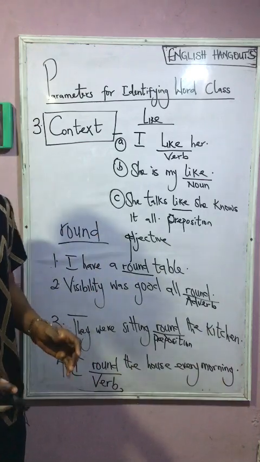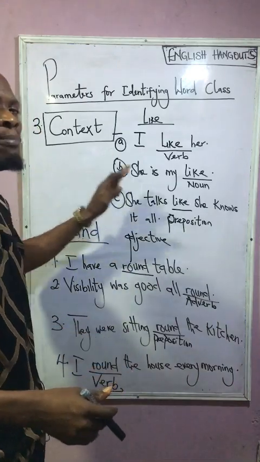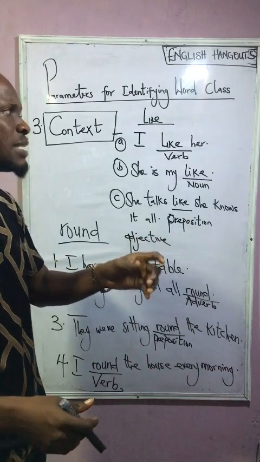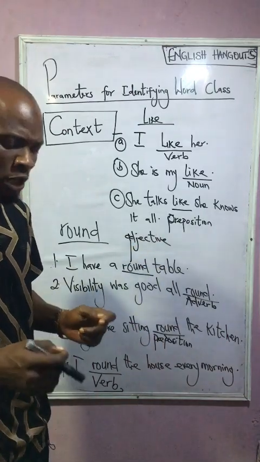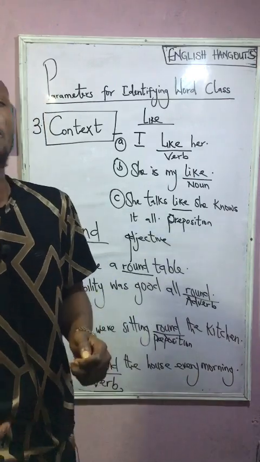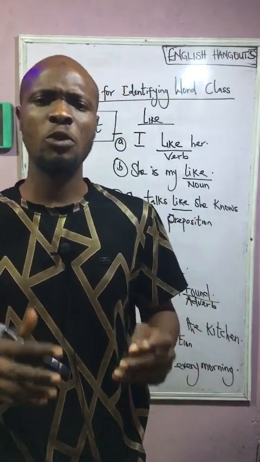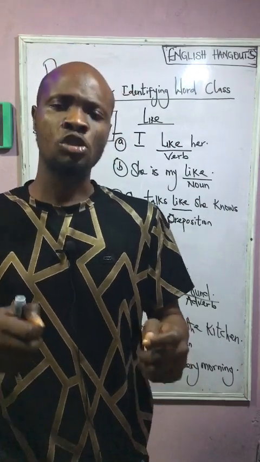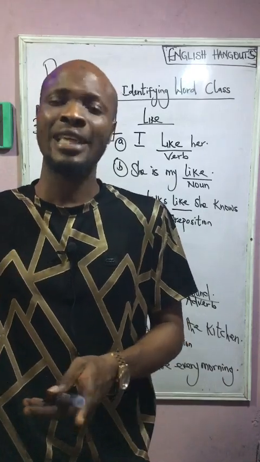So this is the reason why context is the most acceptable criterion for identifying word class. If you want to be a good communicator, if you want to express yourself flawlessly, if you want to use the English language efficiently, you should endeavor to stick with the context criterion.